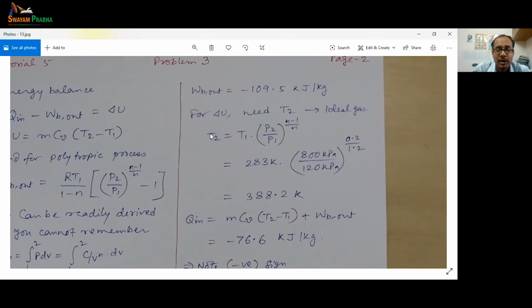From that you can write T2 equal to T1 multiplied by P2 by P1 to the power n minus 1 by n. Everything on the right hand side we know. The only thing to be careful about is T1, you have to write it in Kelvin. It's given in degrees centigrade, but you have to convert it by adding 273. And T2 you can find out to be 388.2 Kelvin.